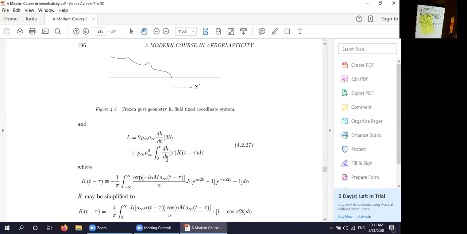You're welcome. So when you do all that wonderful non-dimensionalization, including non-dimensionalizing time in the usual way, both tau and t, by multiplying t or tau by U infinity and dividing by 2b, right? That's how we normalize time. It's sort of the inverse of the way we normalize frequency.